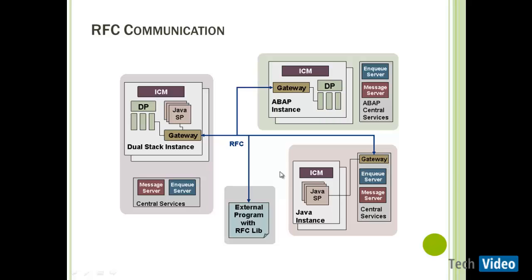As we saw, CPIC, the Common Program Interface for Communication, is the protocol used in RFC communication. The advantage of using RFC is that if you are writing an ABAP program, you don't need to program the function call to another system yourself.